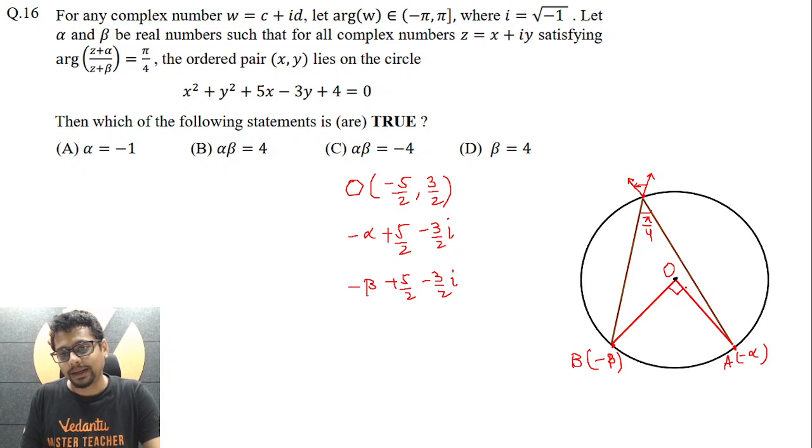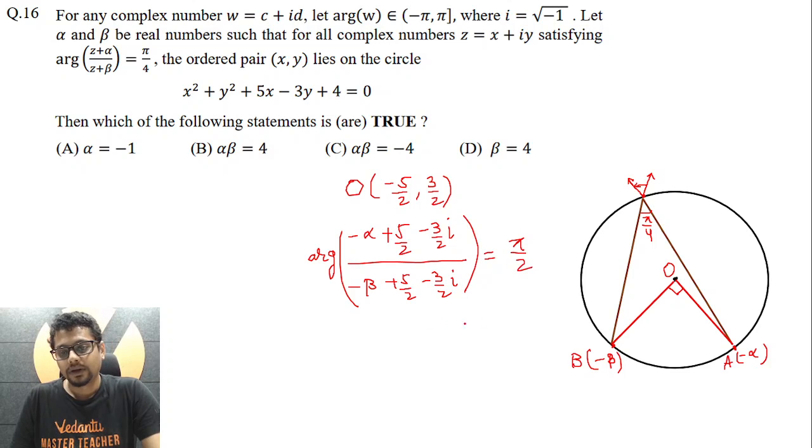Now the angle between them being 90 degrees, that essentially means the argument of this is pi by 2. Now mind it, OA and OB are equal in length because they are radii of this circle. So that essentially means that this ratio is iota and not some non-unity multiple of iota.